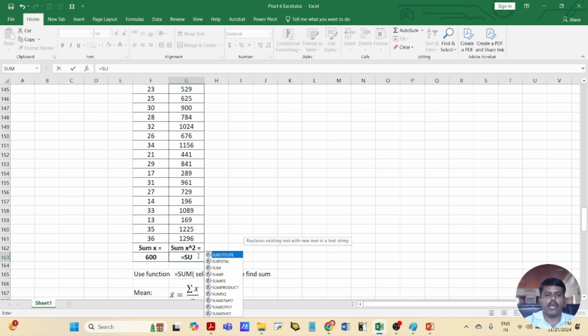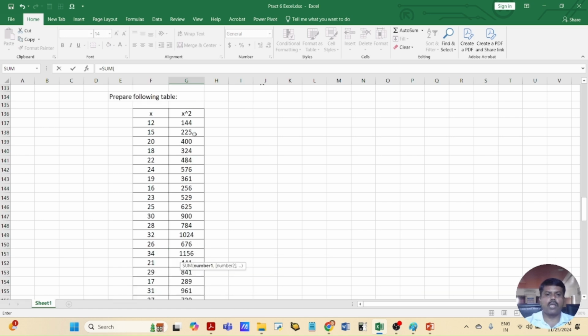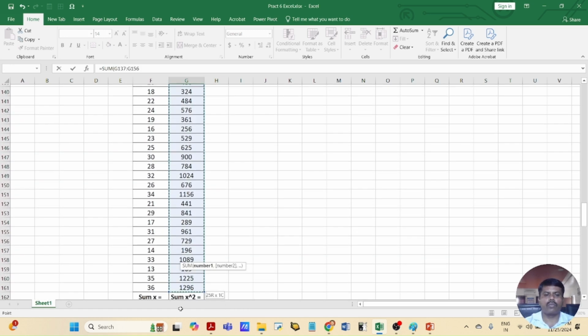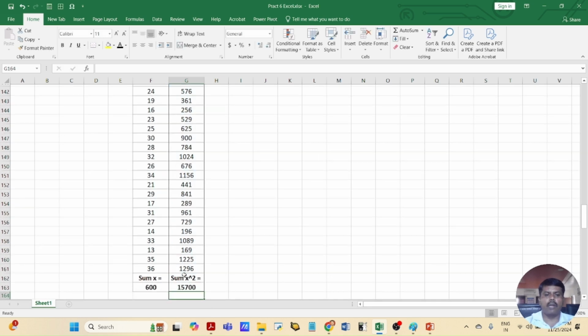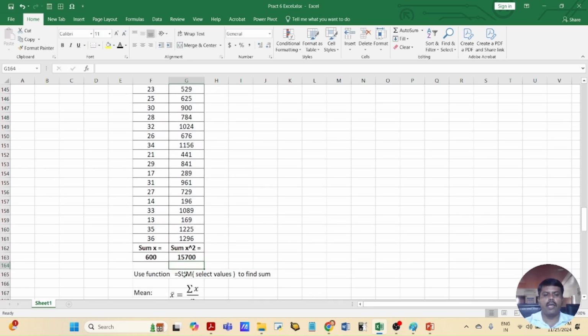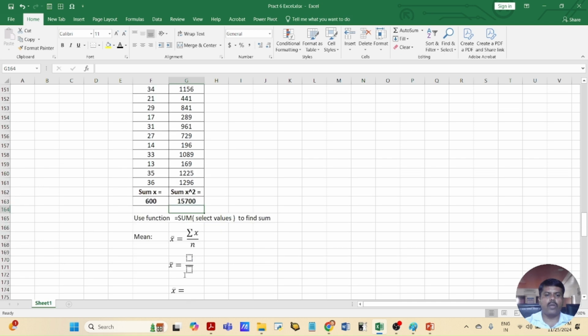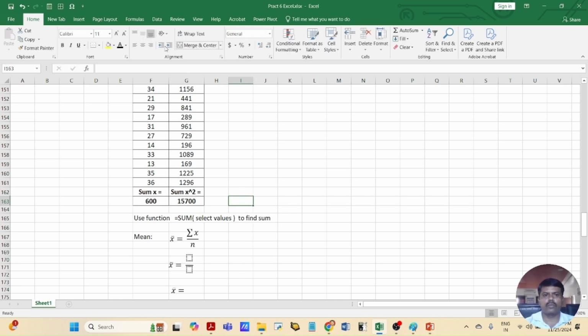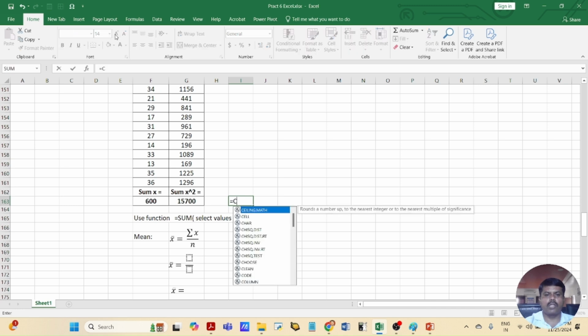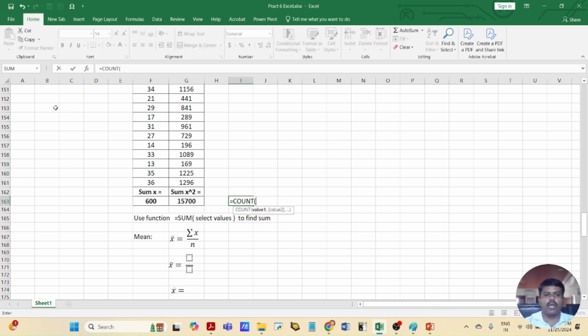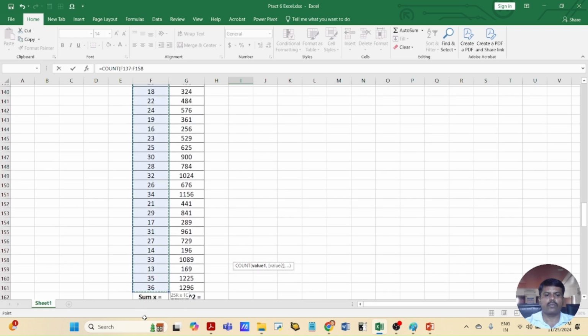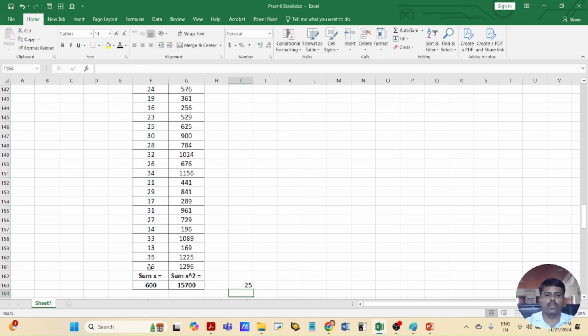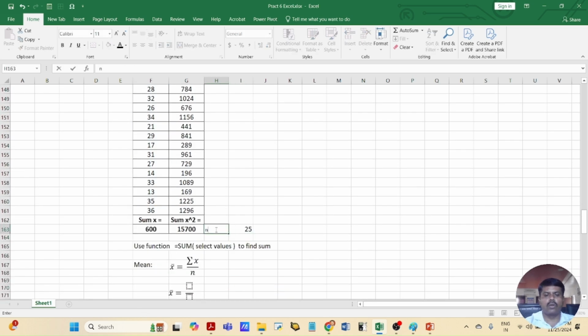Similarly, use the sum function again, equal to sum, select x square values, complete the bracket and press enter. So in this way we get the sum of x values and sum of x square values, and n we know is 20, or we can use the count function, equal to count, and select all values, which gives n equal to 20.